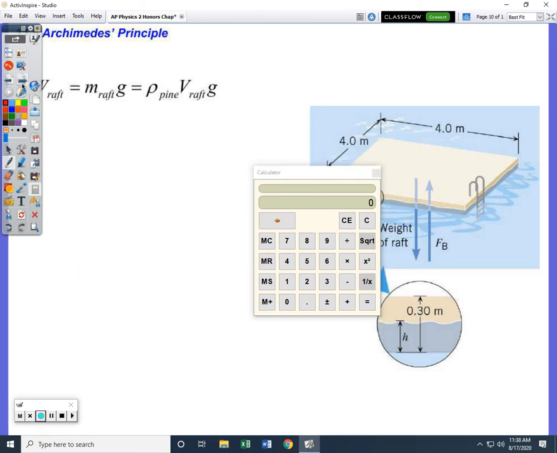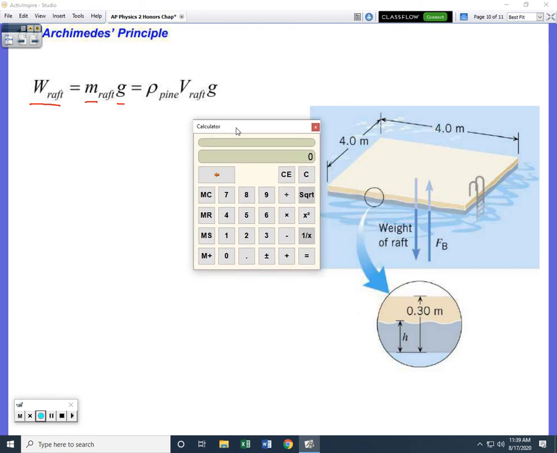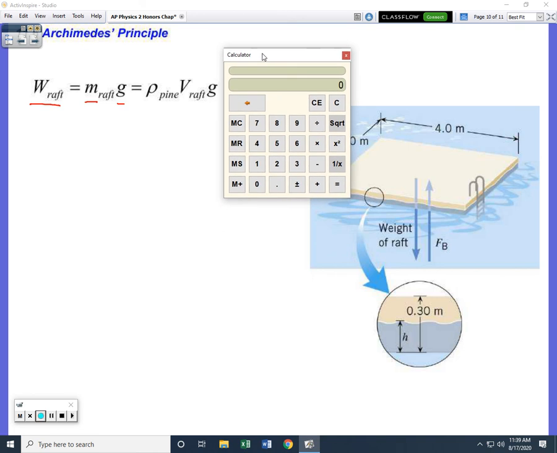But how much does the raft itself actually weigh? So normally to find the weight of the raft, I would take the mass of the raft times gravity, but I don't know the mass of the raft. I just know the dimensions and I know what it's made out of. So I'm going to use the exact same equation. I'm going to take the density of the pine wood and the volume of the raft times gravity. So the density of the pine wood was 550.